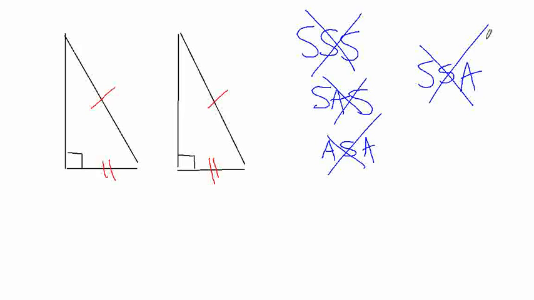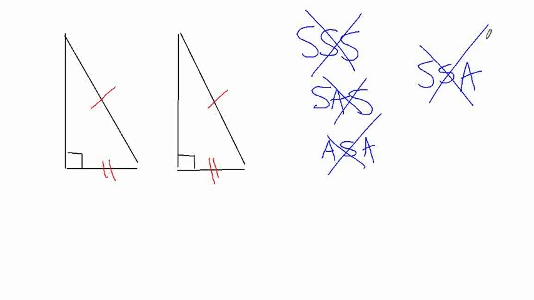Think back to the counter examples, if you know of some, of why you can have two triangles that satisfy the requirements of SSA and the two triangles still not be congruent. It had to do with the fact that one of them could be an obtuse triangle and the other one could be an acute triangle.